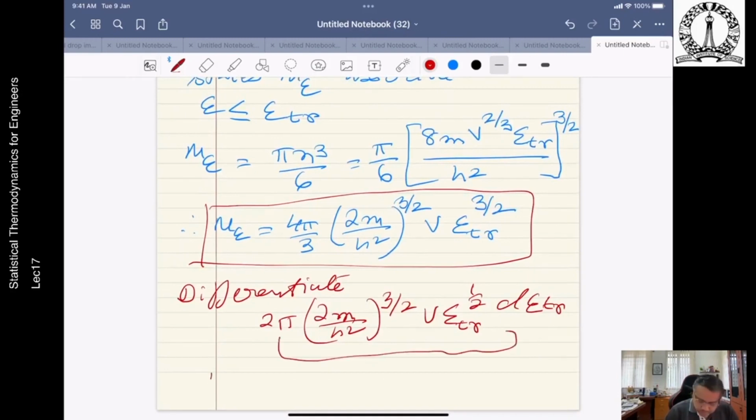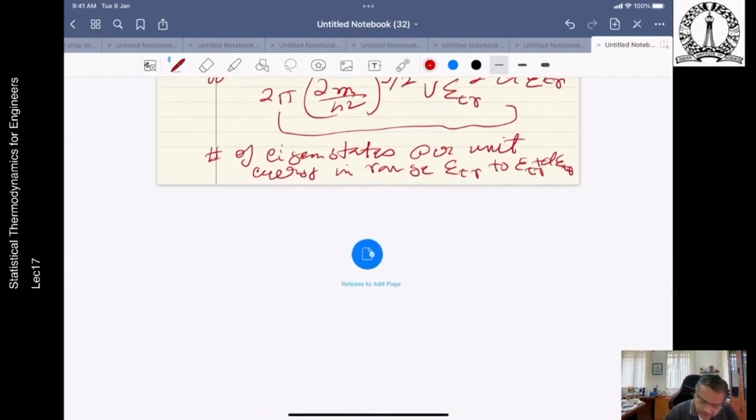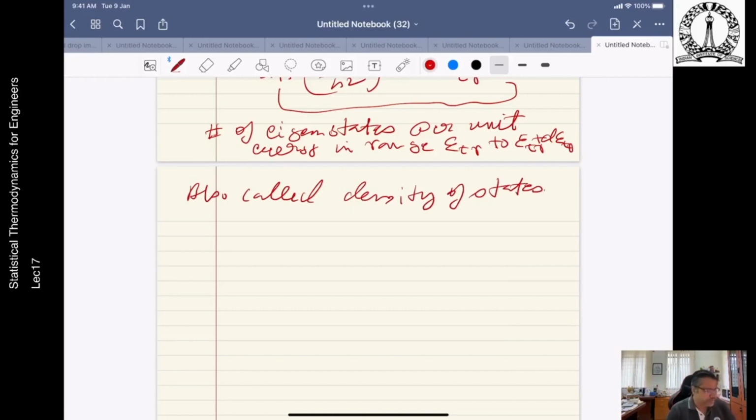This actually gives you the number of eigenstates per unit energy in the range E translational to E translational plus dE. This is also called the density of states.